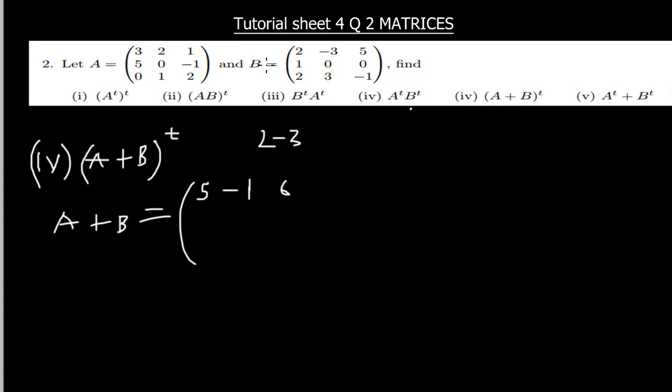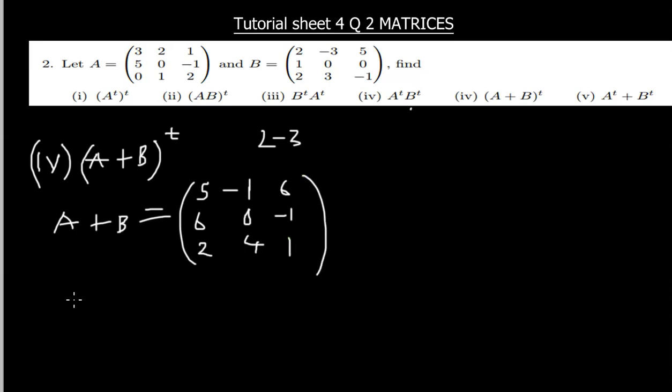And then 5 plus 1, you get 6. 0 plus 0, you get 0. Negative 1 plus 0, you get negative 1. 0 plus 2, you get 2. Then you have 1 plus 3, you get 4. Then 2 plus negative 1, that will give you positive 1 there.